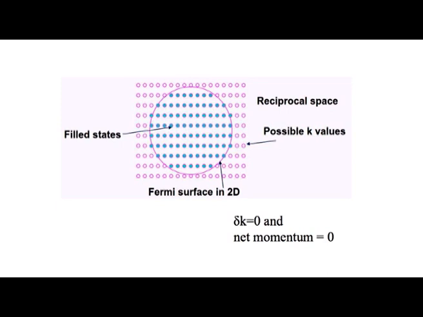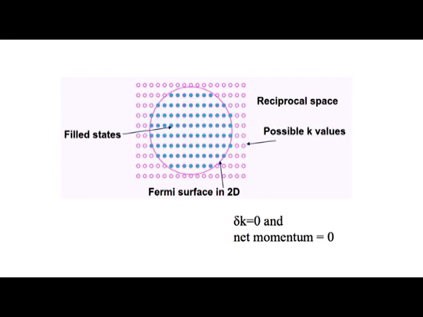As you can see in the image, you have reciprocal space, and the blue dots show the filled states, the possible k values being filled by the electrons. But in this situation, delta k is equal to 0 and the net momentum is equal to 0.